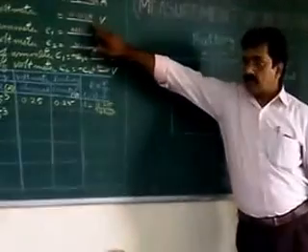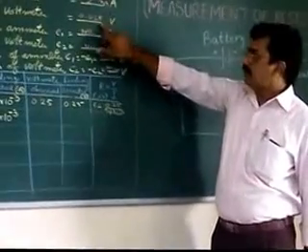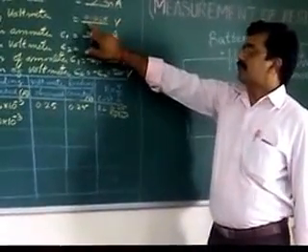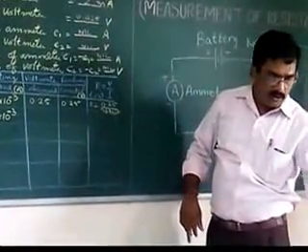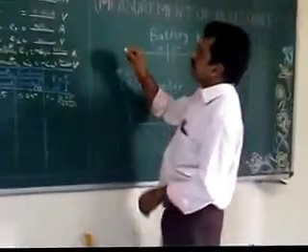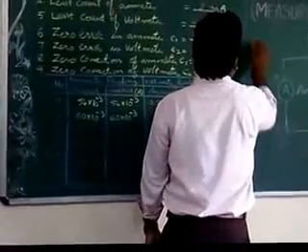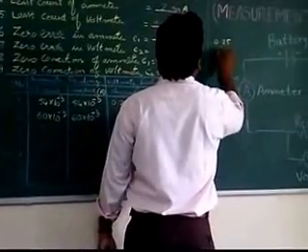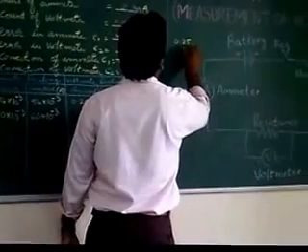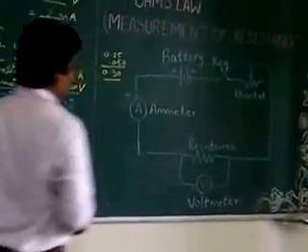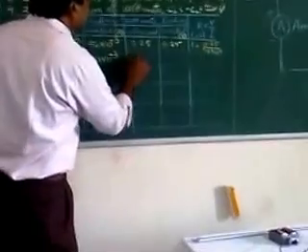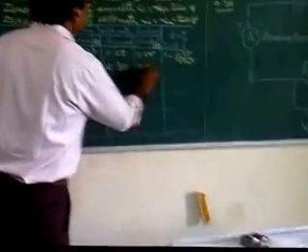Second division means multiplied by 2, it will be 0.050. That is added to the earlier one: 0.25 plus 0.050 is 0.30. So it is 0.30.